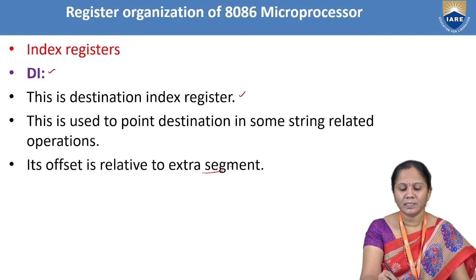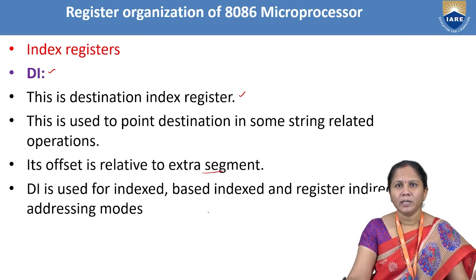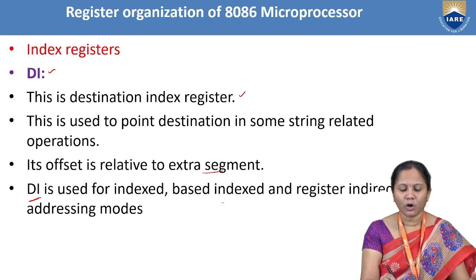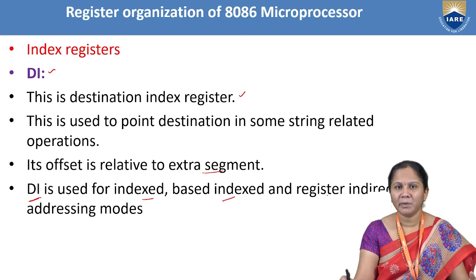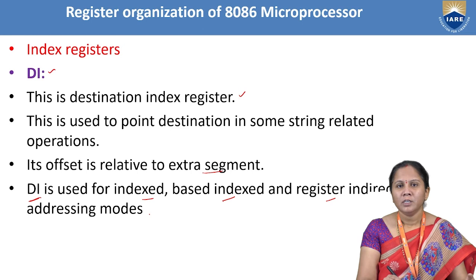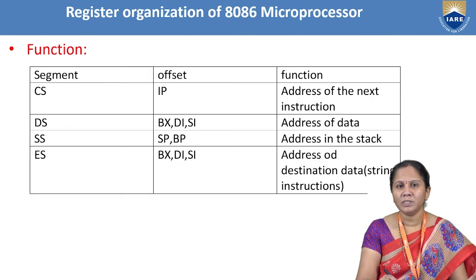So here this DI is a destination index register, and it is used to point to the destination in some string related operations, and its offset value is calculated from the extra segment register. Similarly, where do we have to use the DI register?